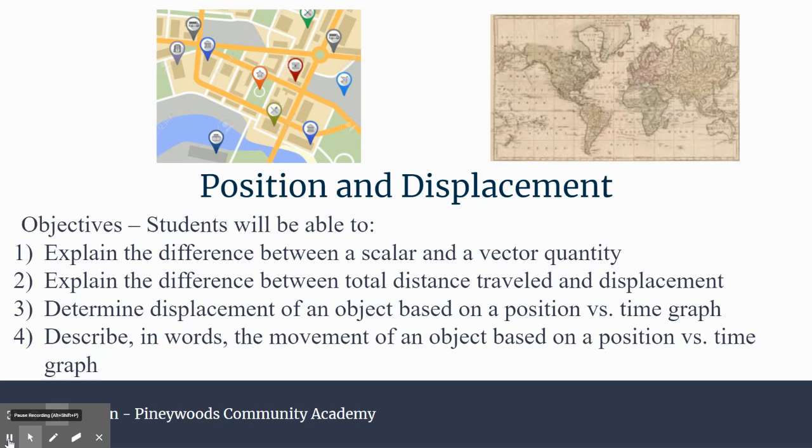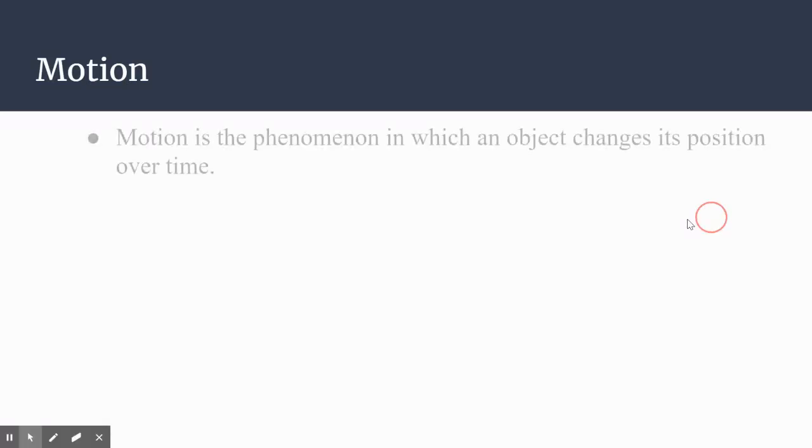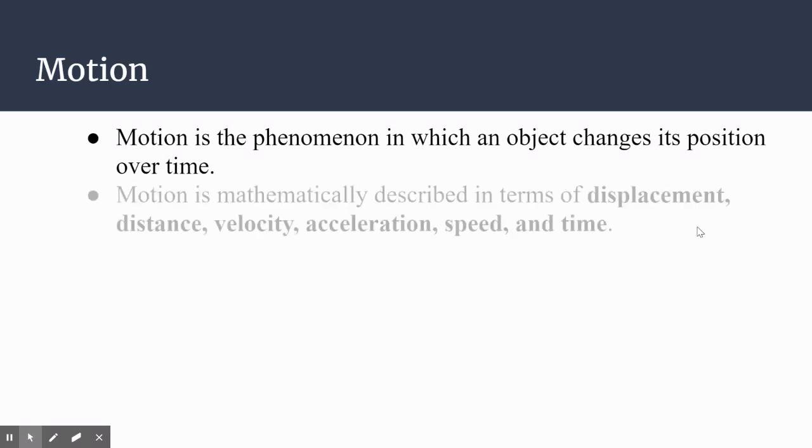Yesterday, if you remember, we briefly talked about motion, right? We really didn't go into it, but I introduced the concept of motion to you guys. Remember what we said motion was? Motion is a phenomenon in which an object changes position over time, okay?